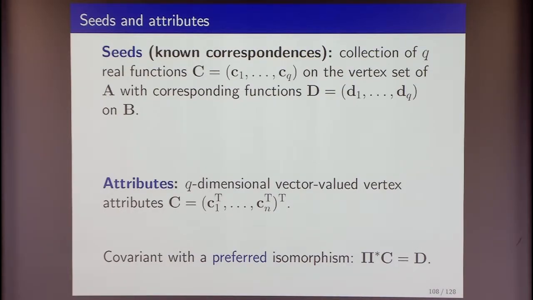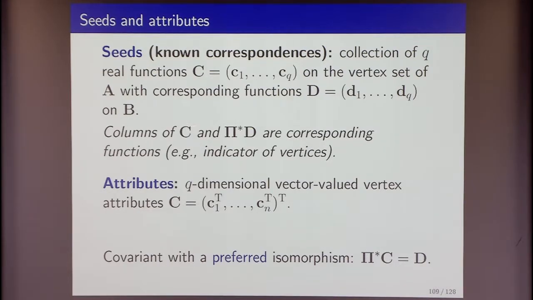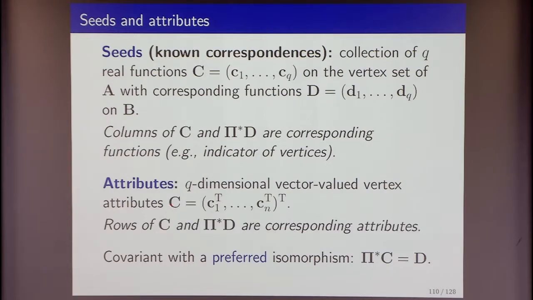I have many isomorphisms because the graphs are symmetric, but I would like C and D to be consistent with one of them. Okay, so again, you can think of columns of C and pi star D as corresponding functions, or rows of C and pi star D as corresponding attributes.